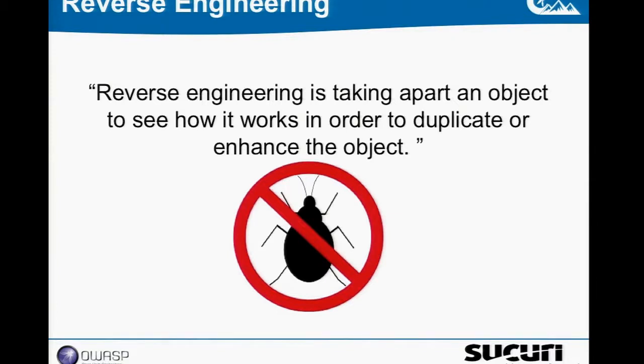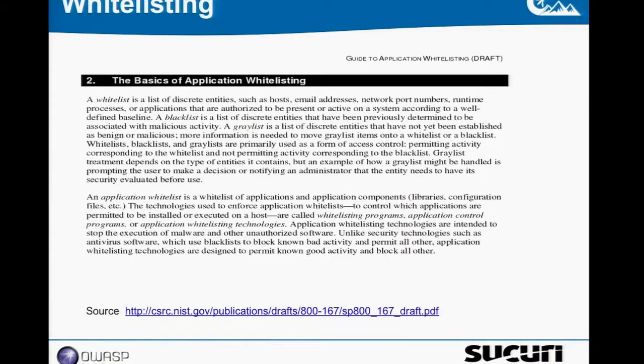I'm a system administrator, and so I love PCAPs. That's what I love. If you look for whitelisting, I tried to find something, and I found this NIST publication. It's a draft, and they don't talk exactly about web application whitelisting. They're talking about regular software.